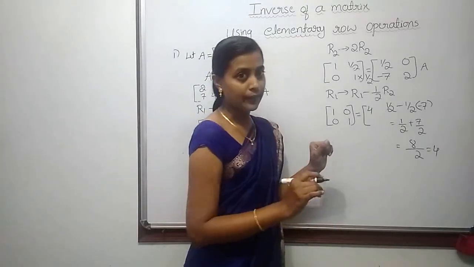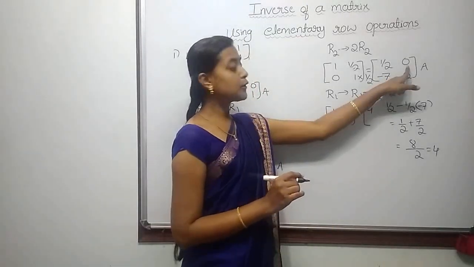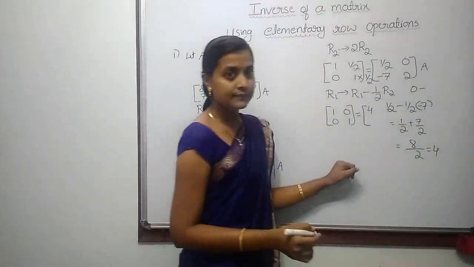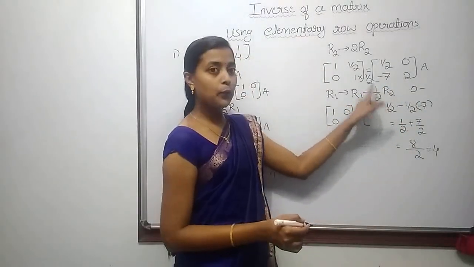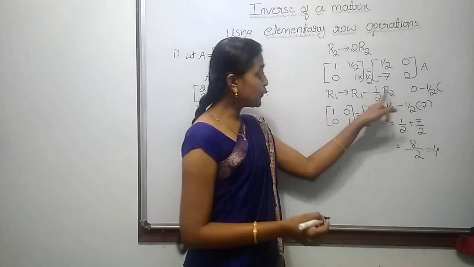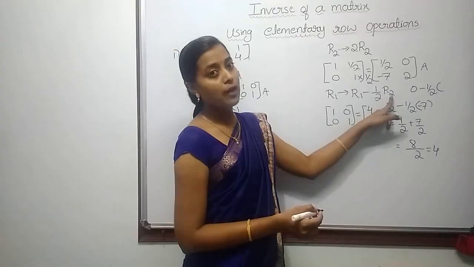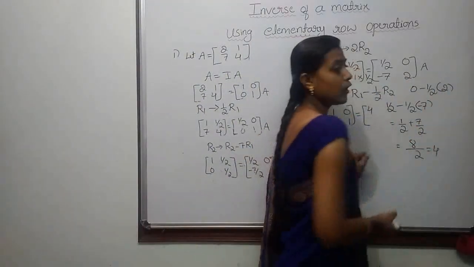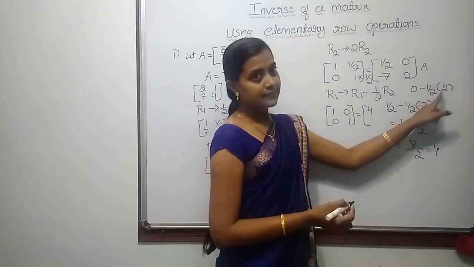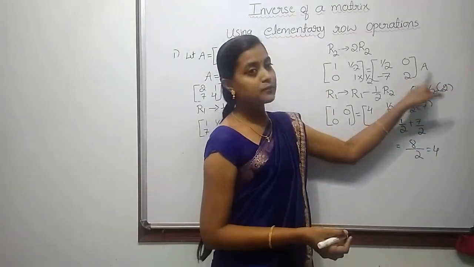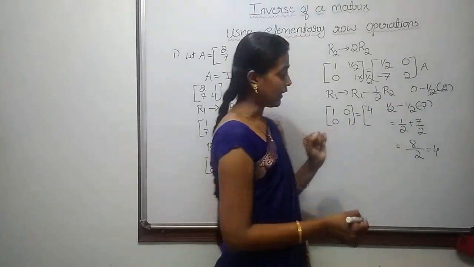For the second element, R1 is 0 minus this 1 by 2 as it is into R2. Second element of R2 is here 2. 2 gets cancelled. 0 minus 1 is minus 1.